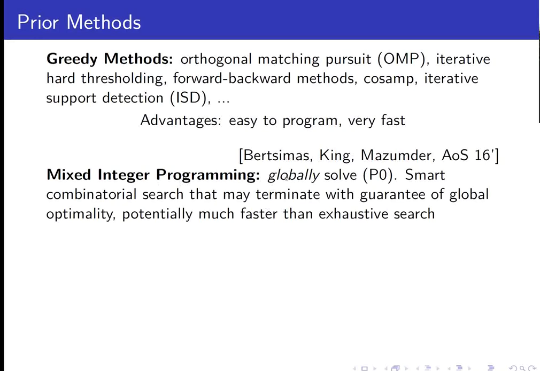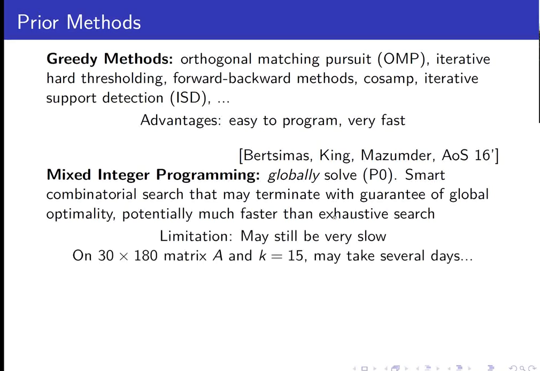They devised a method to globally solve the problem by some smart combinatorial search. In some cases, they terminate with a guarantee of global optimality much, much faster than exhaustive search. However, for various instances of the problem, their code may run days, weeks, months. This is an example on a relatively small problem that took us several days to run their code until getting that global optimality.